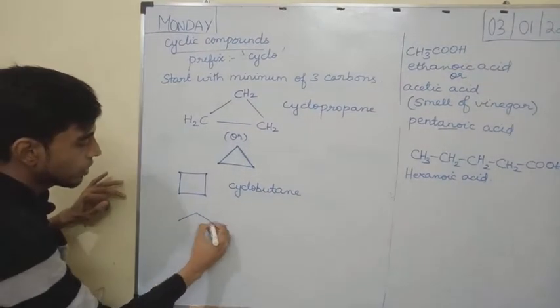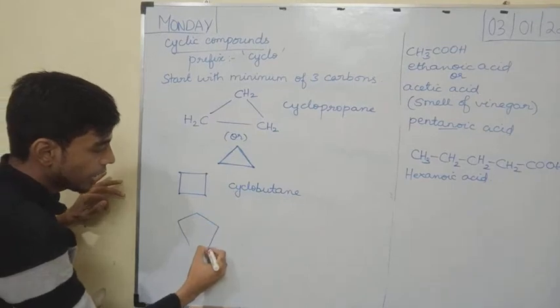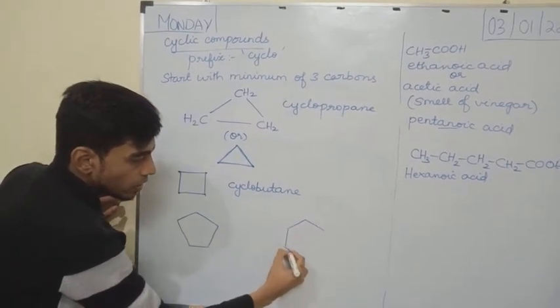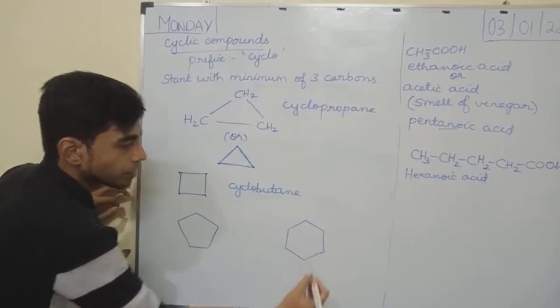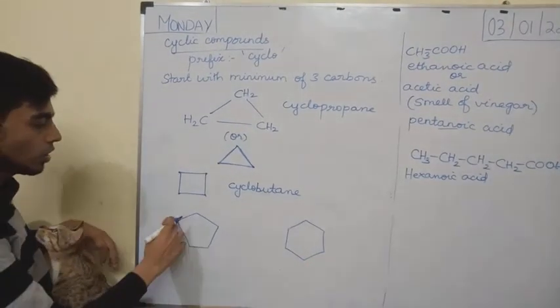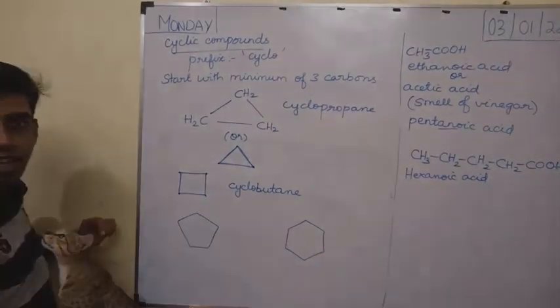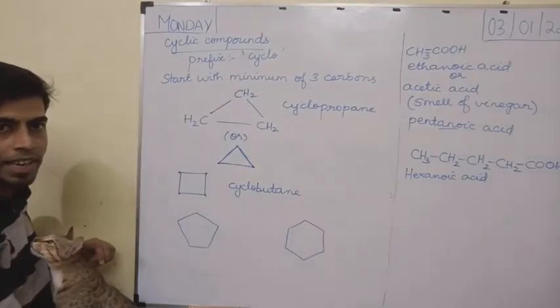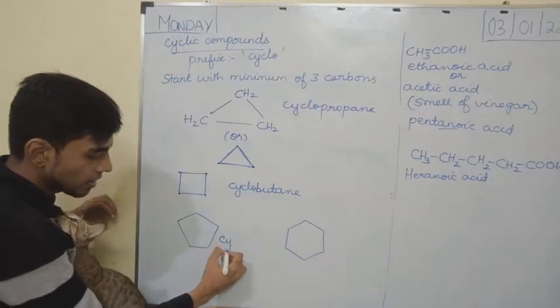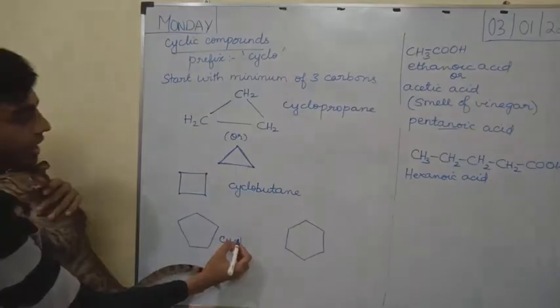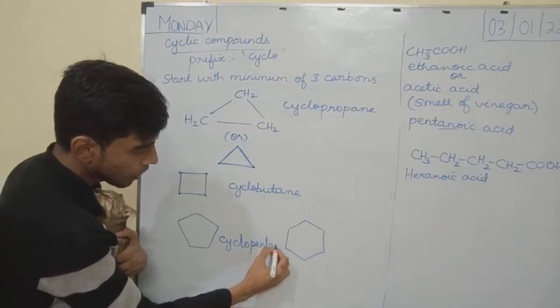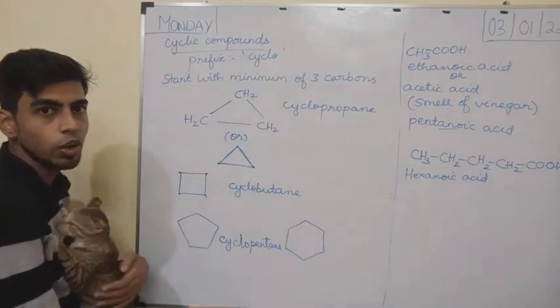So find out the name of this one and this one. So 5 sides are there. 5 sides means pent, single bond means pentane. But since this is in cyclic state, it is called cyclopentane.